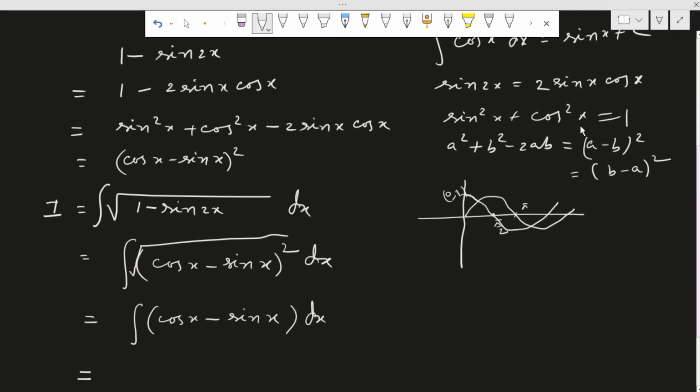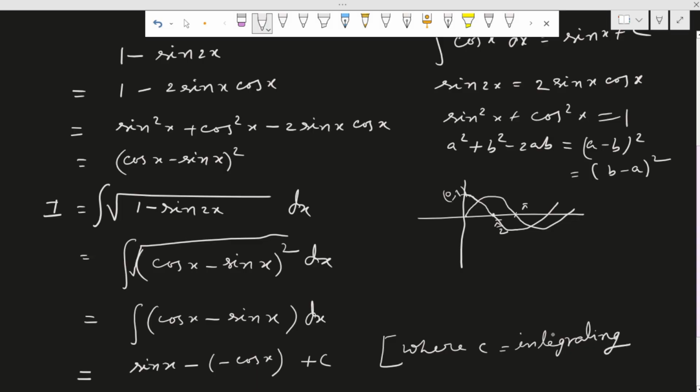So integration of cos x is sin x, minus integration of sin x is minus minus cos x, plus the integrating constant, where c is the integrating constant.